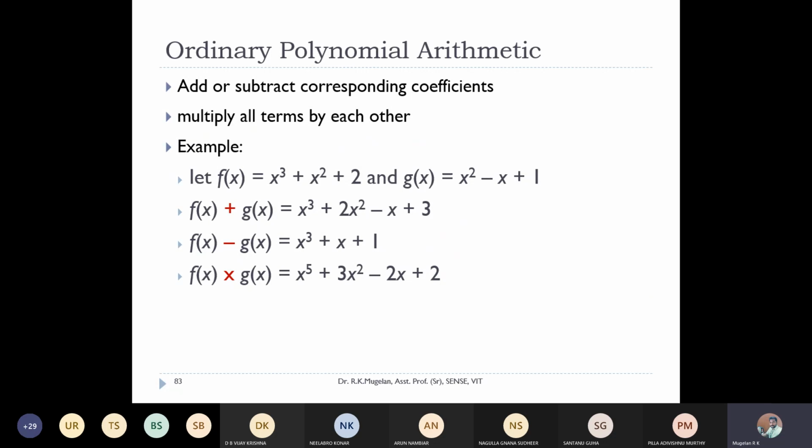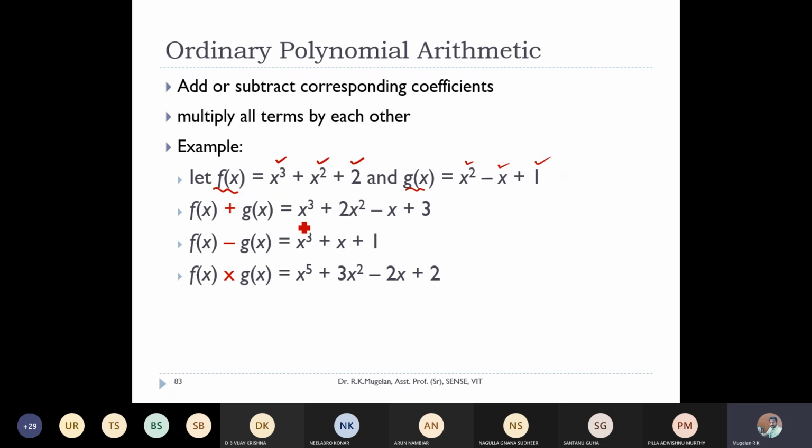We'll go with the ordinary polynomial arithmetic, because from your school days you have been doing polynomial arithmetic like addition, subtraction, as well as multiplication. Assume that you have two polynomials f of x and g of x. f of x is x cubed plus x squared plus 2, and g of x is x squared minus x plus 1. Now they ask you to add these two polynomials.